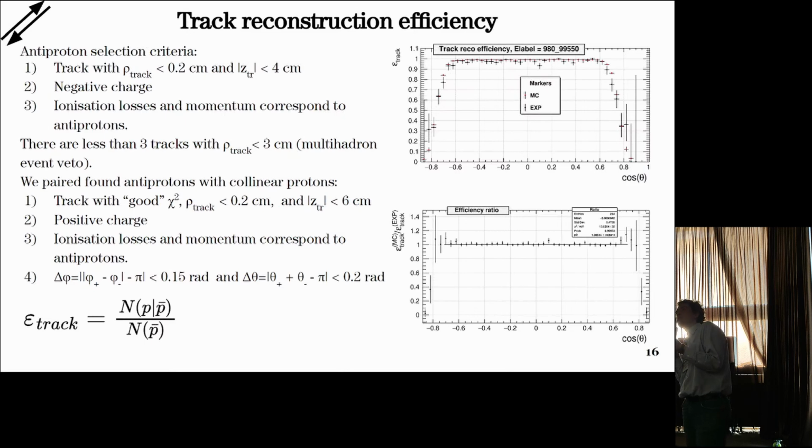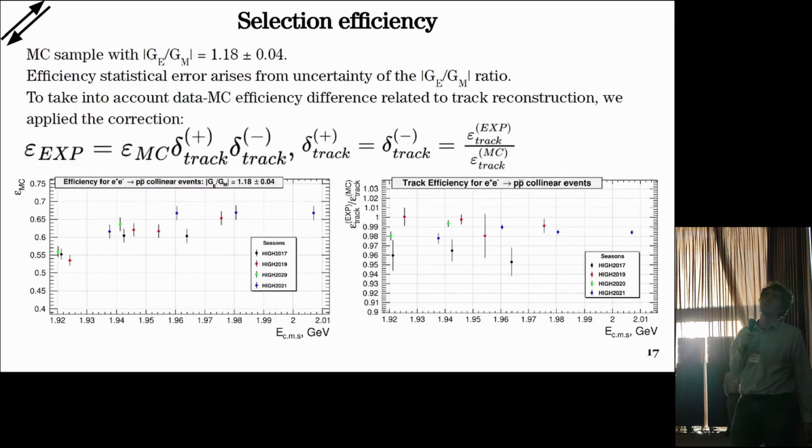Here you can see a comparison of efficiencies for Monte Carlo and experiment. As you can see, there is consistency in almost all cosine theta regions. Here you can see the ratio of efficiency in Monte Carlo and in experiment. Afterwards, after we obtained the GE to GM ratio, we can obtain efficiency. Statistical errors in these points arise from the uncertainty in GE to GM.